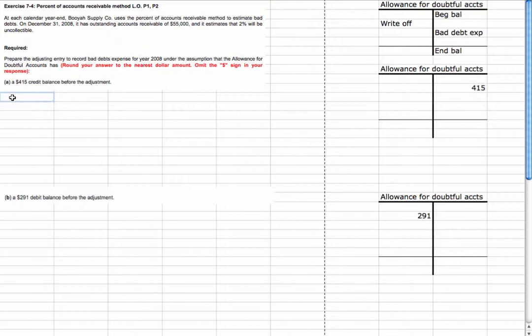So if I take my ending accounts receivable balance, which is $55,000, and take my bad debt rate, and that bad debt rate is 2% or 0.02, if I multiply the two out, I'm going to get my ending allowance for doubtful accounts.